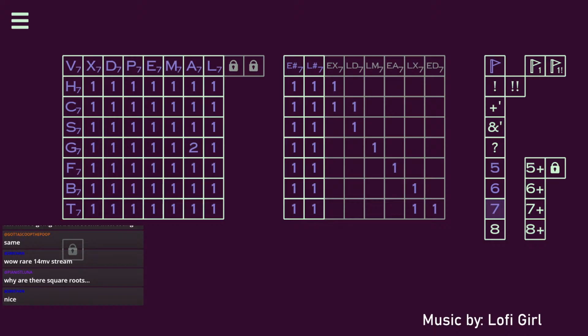Less people have perfected the 8 gallery than the 7. That's fine by me. Oh, there is a math guide for product, by the way. I did not realize there is. Okay.